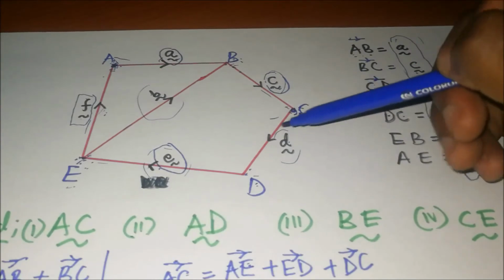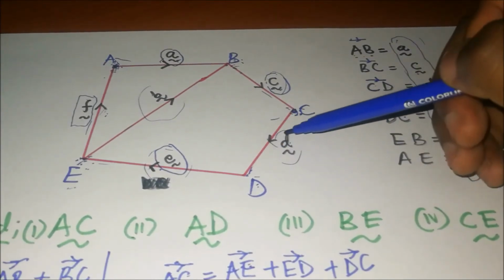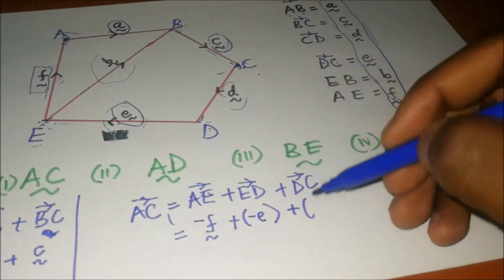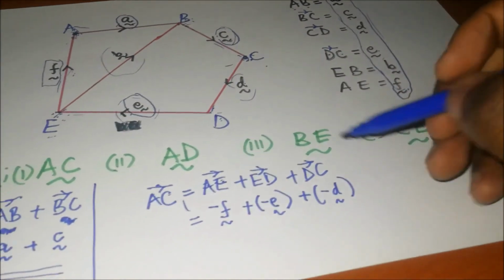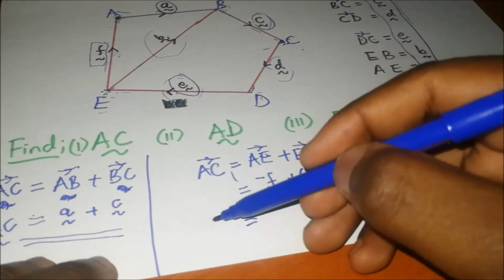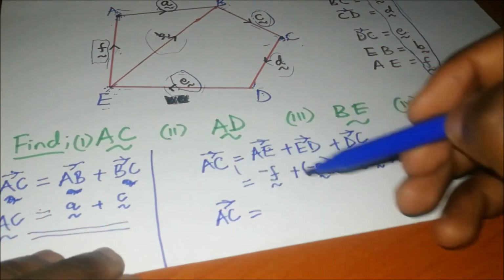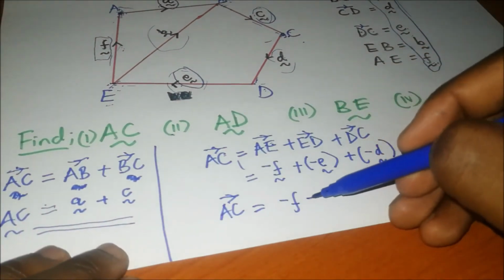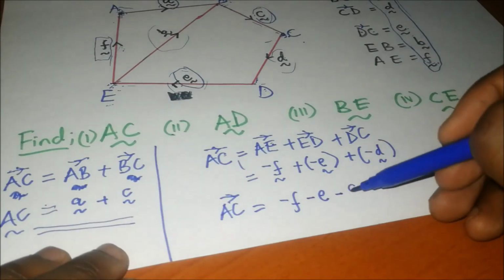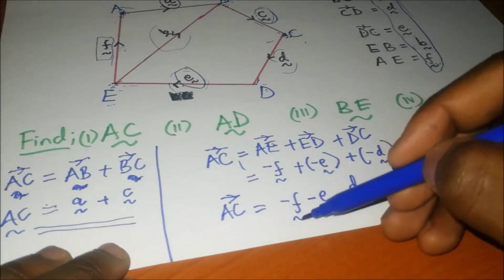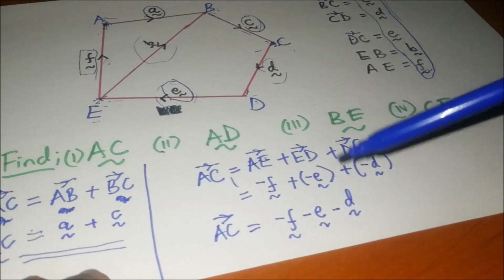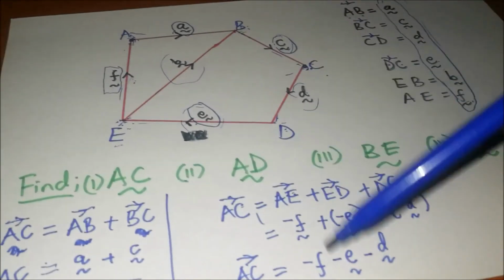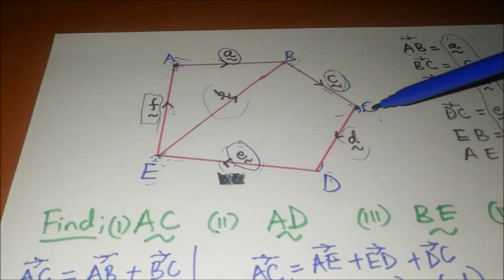For me to move from D to C is the opposite of D, so it's going to become negative D. So definitely SC is negative F minus E minus D. It's still giving us the same answer. This is an alternative route for me to move from A to C.